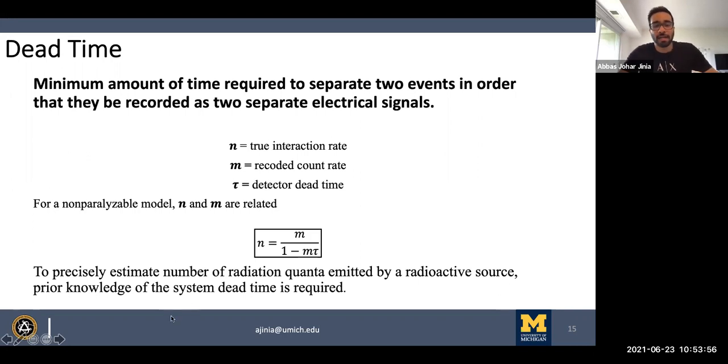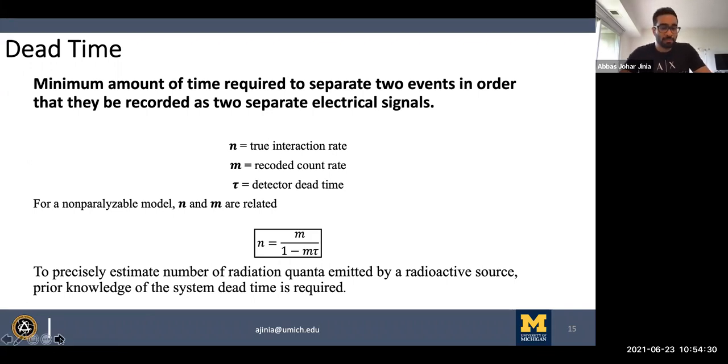Now, dead time calculations are important if you want to estimate the number of radiation quanta emitted by the radioactive source. This is very important in nuclear non-proliferation applications because we want to know the source strength. Even from a licensing point of view, we need to know what the source strength of a particular radioactive source is.